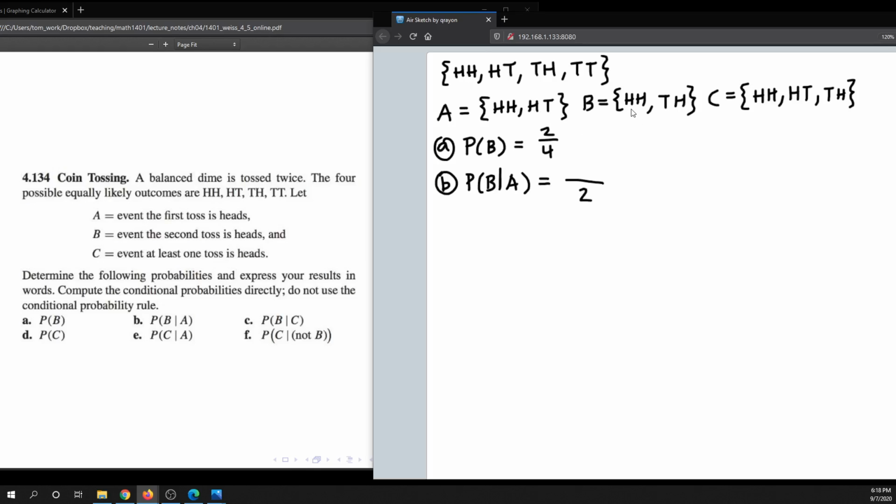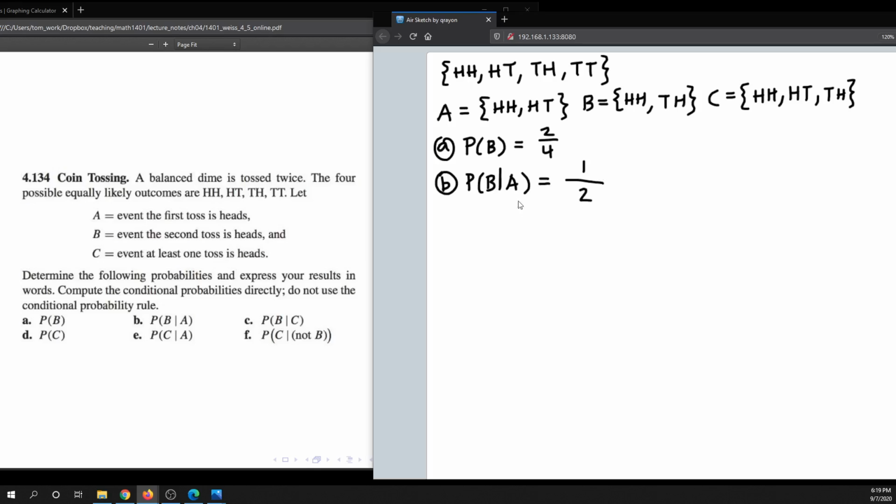Hey, here's event B, heads, heads. Is that in A? Okay, it is, right? So there would be at least 1. And then checking this one, tails, heads, is that also in A? And it's not, right? So there's only one element of B that's in A. So I would put a 1 on top.